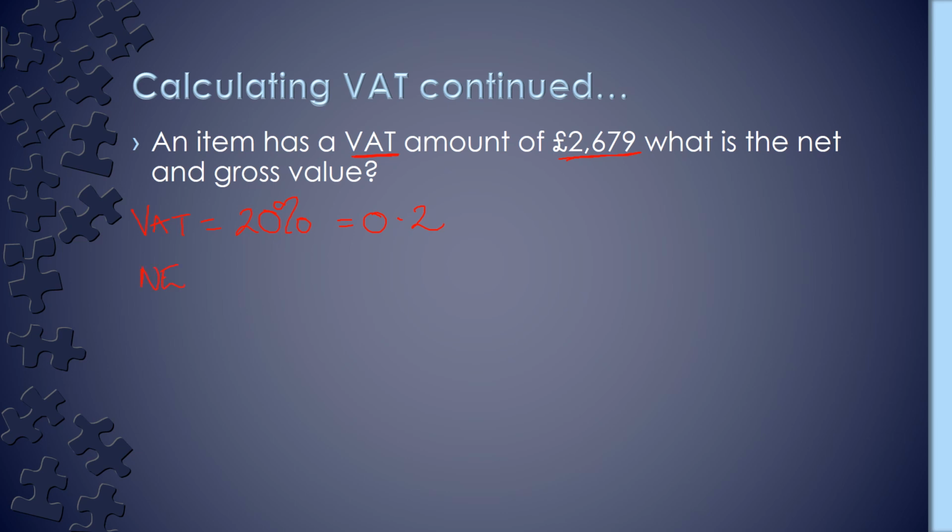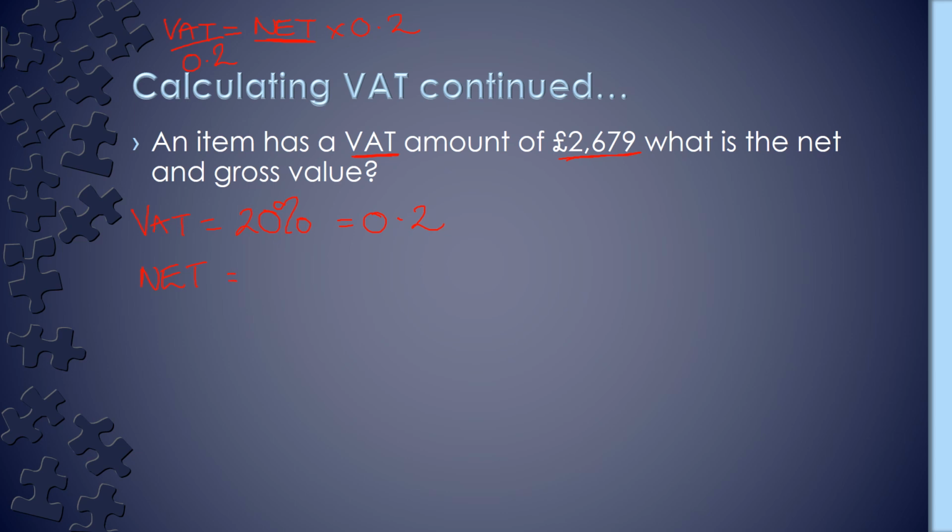So to work out our net, let's think about what we worked out on the other side, is that to work out VAT, it's net times 0.2. So to work out the net part of it, we need to then divide the VAT by 0.2.